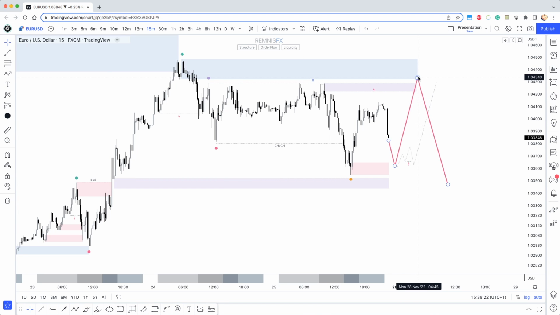But if it doesn't, no harm, because it targets most of the time liquidities, and not points of interest. So let me just remove this quickly like that.